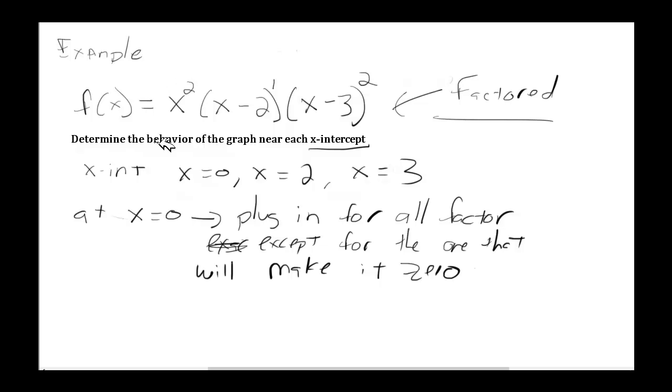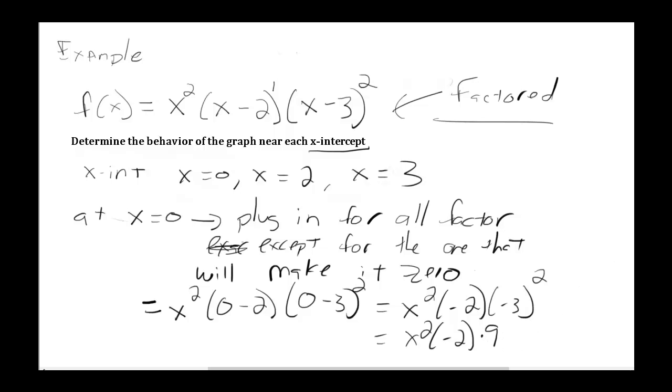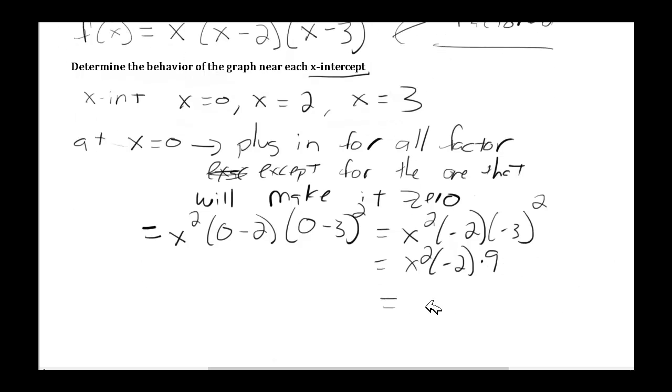So what I'm going to do is plug in 0 for all these other factors: x squared, parenthesis, 0 minus 2, and 0 minus 3 squared. Now I'm going to see what this is. So this is x squared times minus 2 times minus 3 squared, and minus 3 squared is 9. So finally, at this x-intercept, the function's going to behave like minus 18x squared. So you plug it in for all of them except for the ones that zero out.